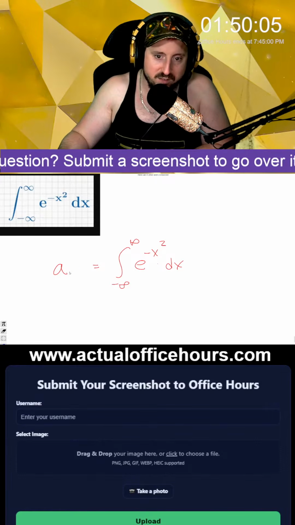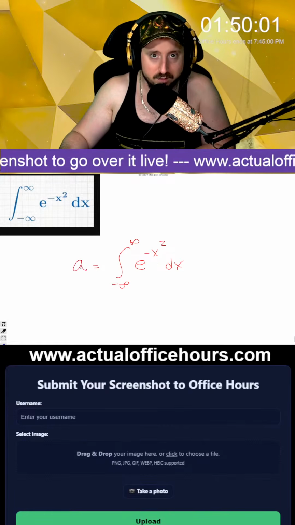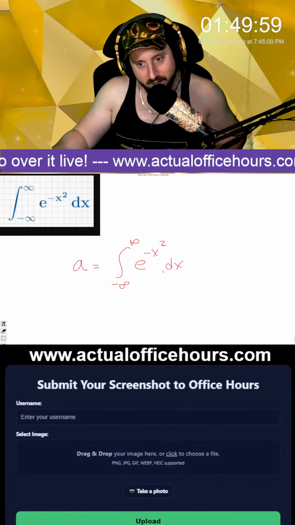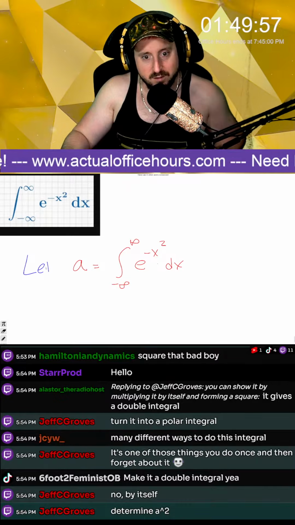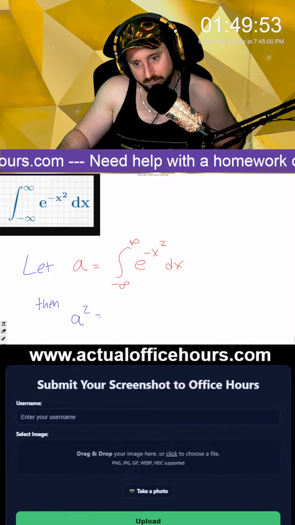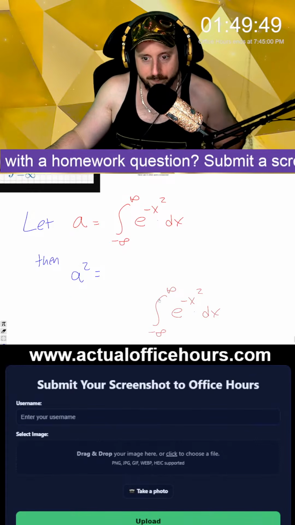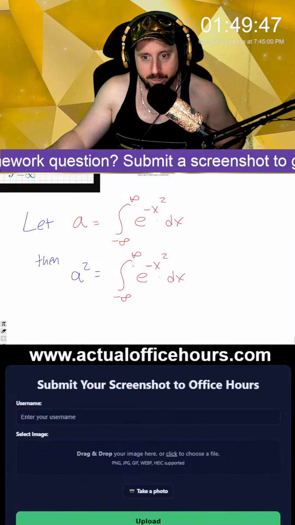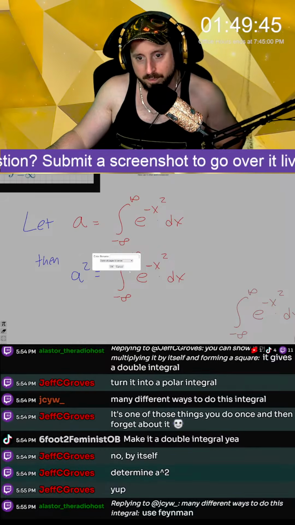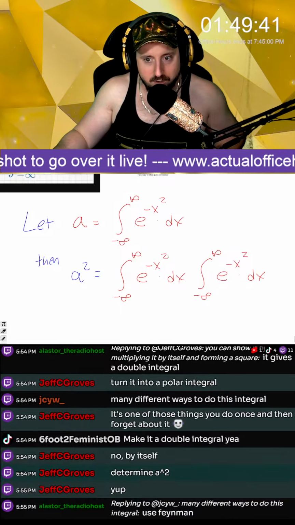No, multiply it by itself. You mean multiply the whole integral by itself? Determine A squared. Okay, alright. Do I want to change these variables, though?